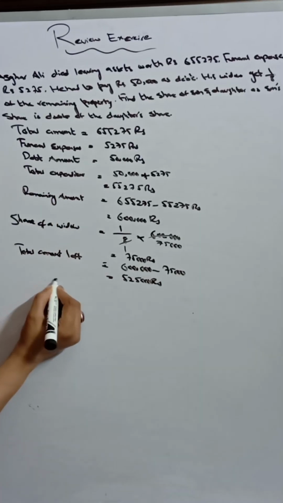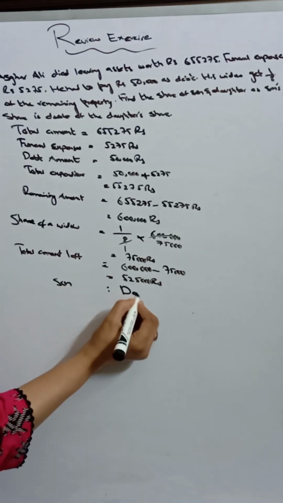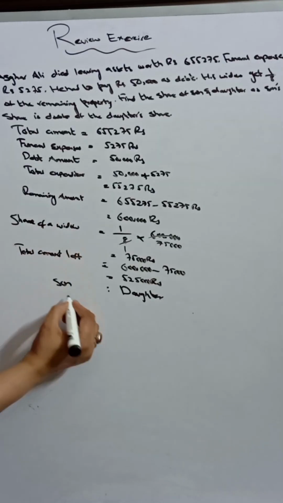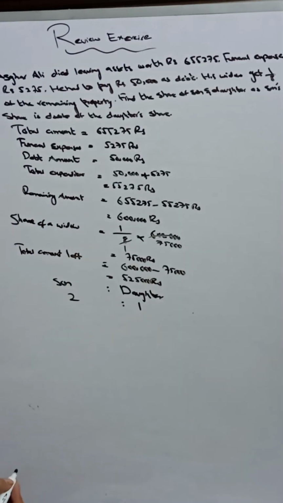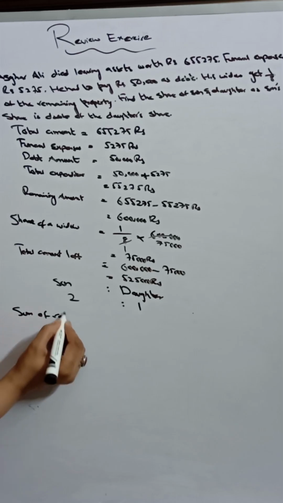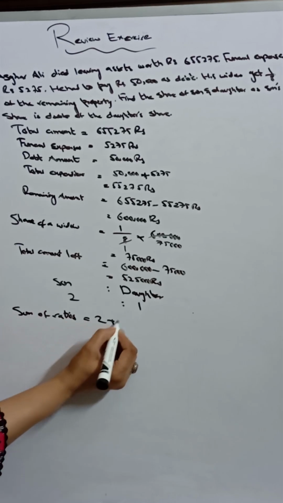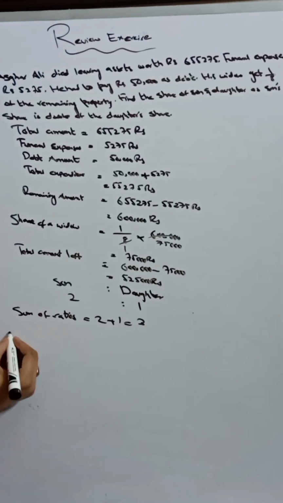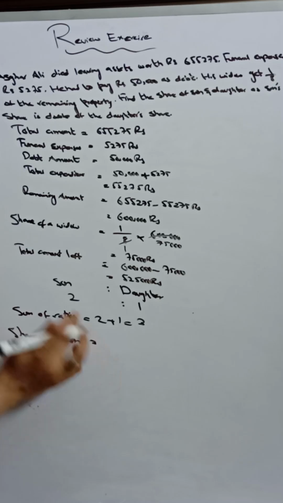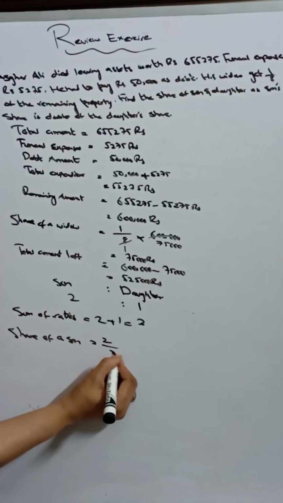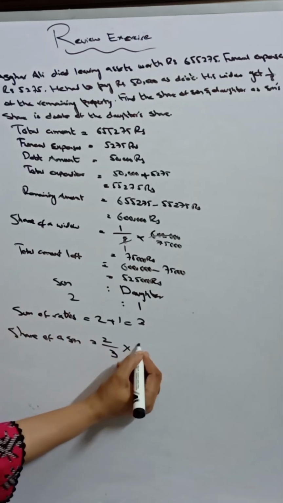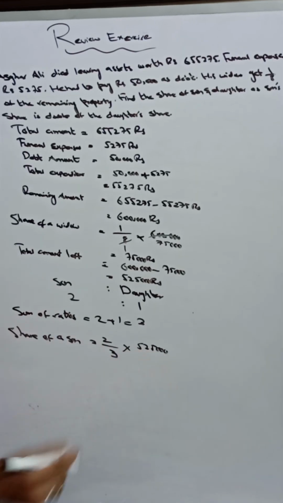Now, the ratio of son to daughter. As the share of the son is always twice, it is 2:1. So we can say that the sum of the ratios, 2 plus 1, equals 3. So the share of the son is 2 over 3 multiplied by the amount, 5,25,000.